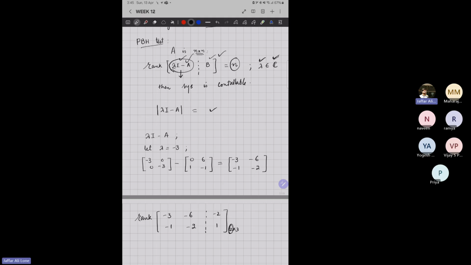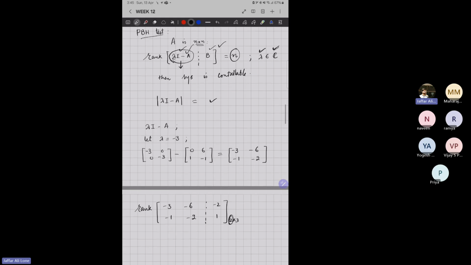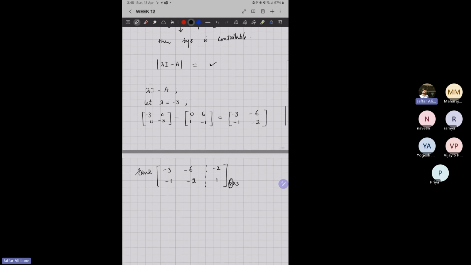So if you check this, the rank of this matrix is equal to 2. Rank is 2. Therefore, lambda equal to minus 3 is a controllable eigenvalue.